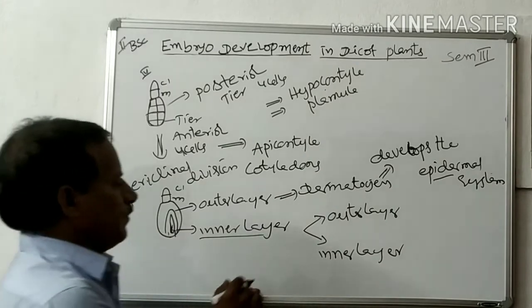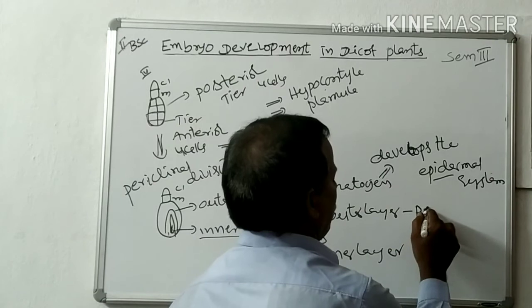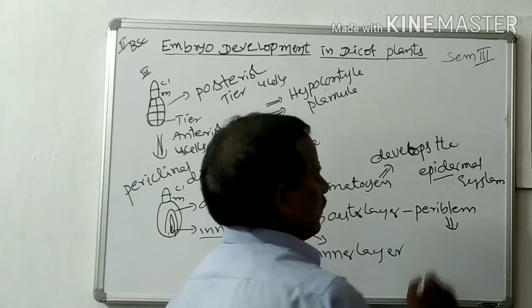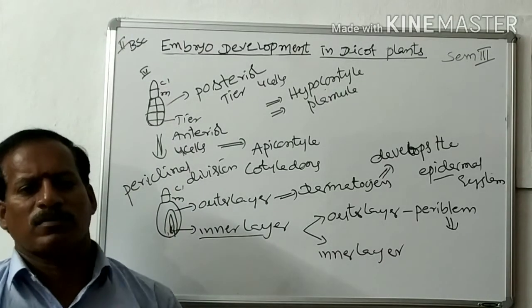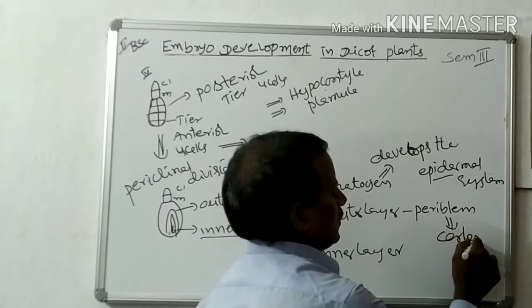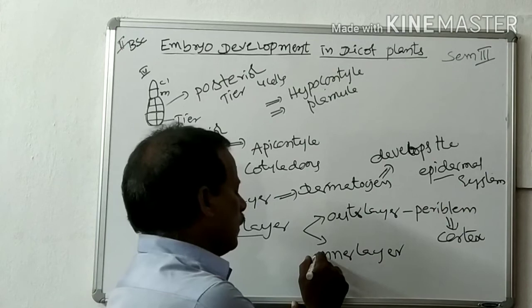So the outer layer is a periblem. The periblem develops as a cortex. Okay, cortex. And the inner layer is nothing but a plerome.